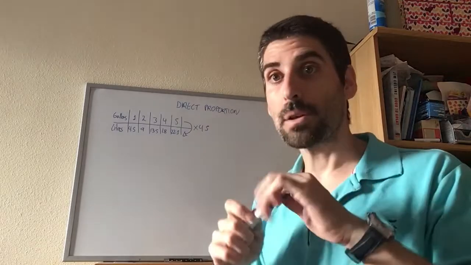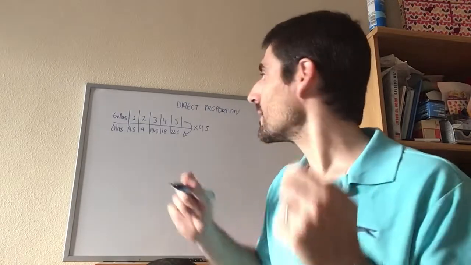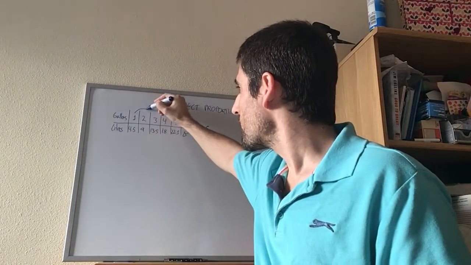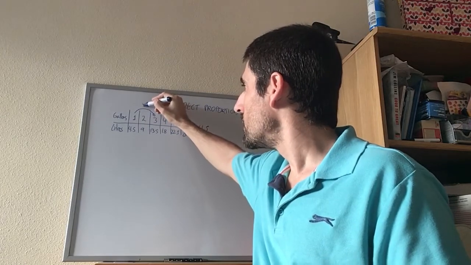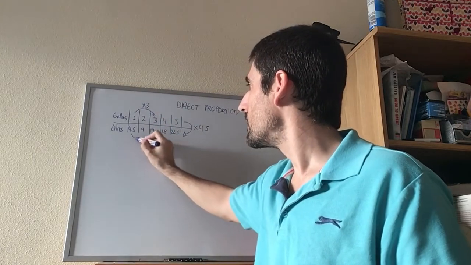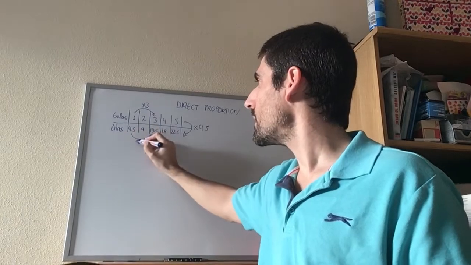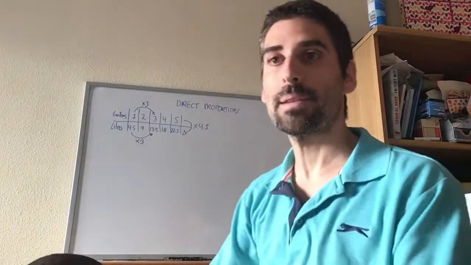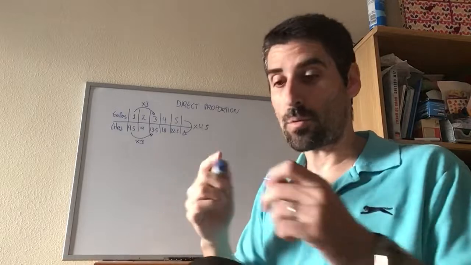Okay, but also the other way I can tell is that if I go from there to there, multiplying by 3, to go from here to here, I'm also multiplying times 3. So that works.